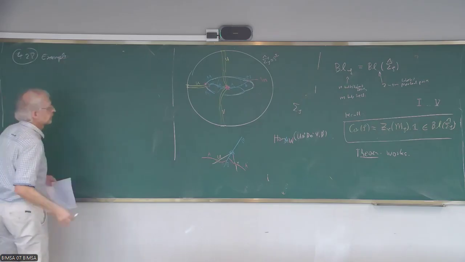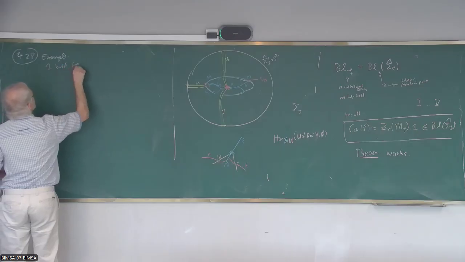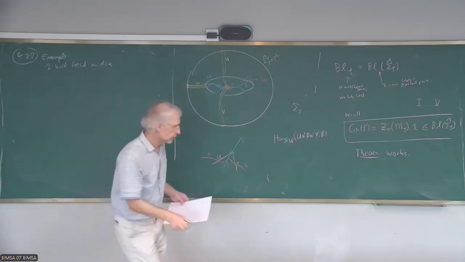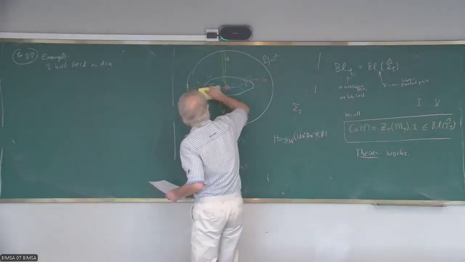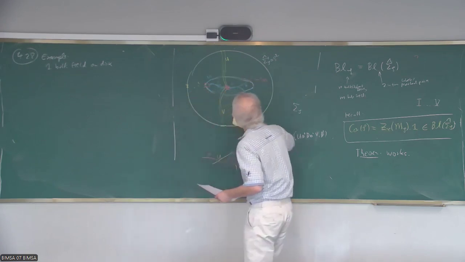I take a disk with just one bulk field here. So this simplifies the picture to there being only one boundary condition M.